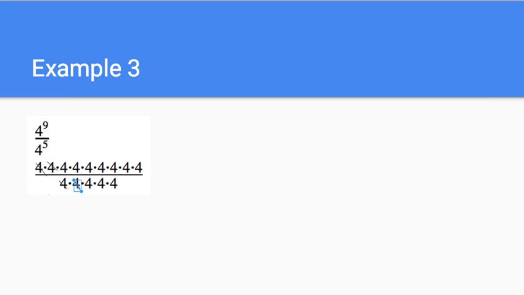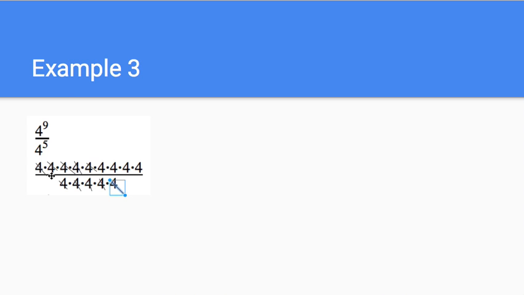I keep having to go back and select my line selector tool, which is why this is taking so long. Cancel out the top, cancel out the bottom, and I'm going to do this 5 times. So all of those 4s have canceled each other out, leaving just up here 4 times 4 times 4 times 4.